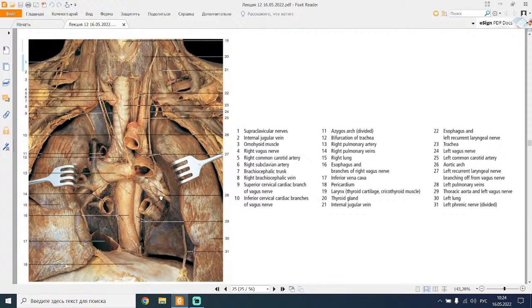This is left, you see the left pulmonary vein. Lung.